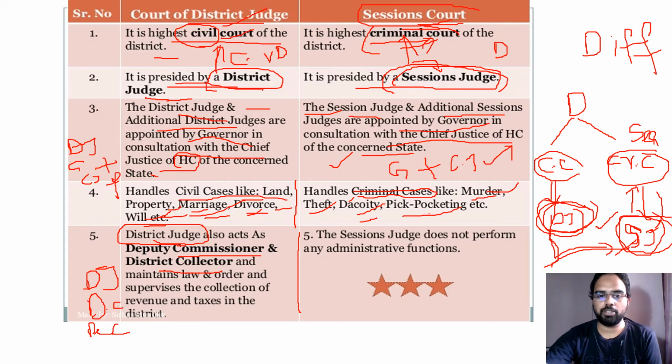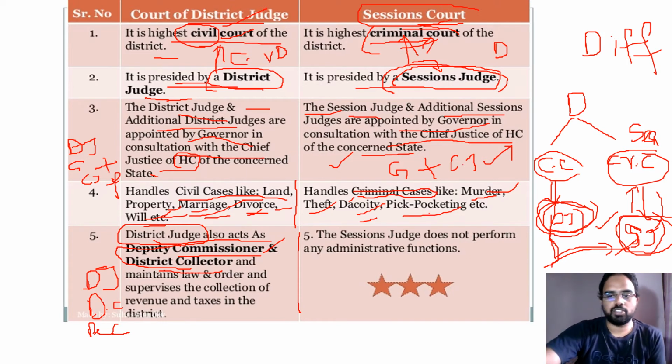The deputy commissioner and district collector are one and the same. In some states, districts, the district collector is also called deputy commissioner, as they also have the function of collecting revenue and taxes.